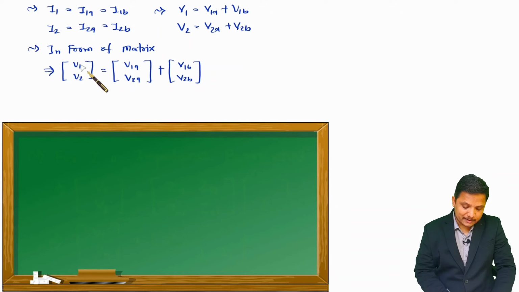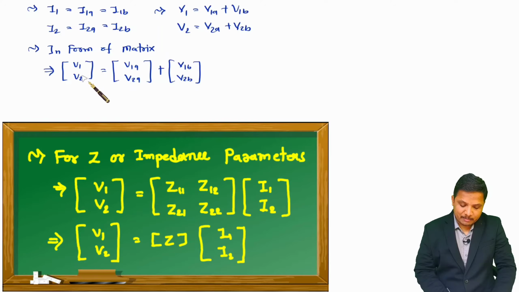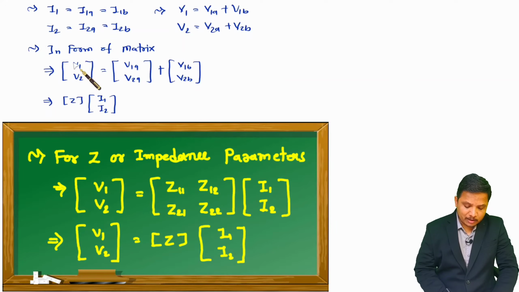Now, this V1, V2 in matrix form we can write in terms of the Z parameter. So V1, V2 will be the Z matrix into I1, I2, and this is the equivalent Z matrix.